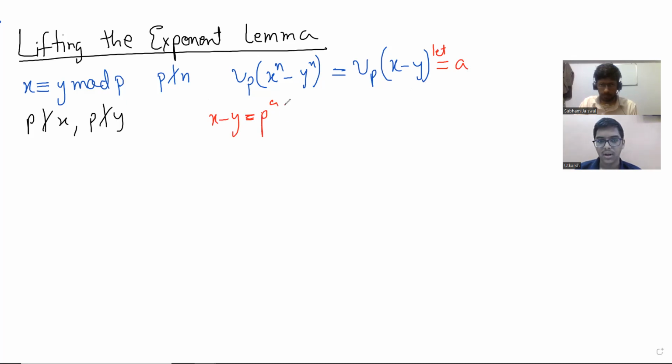Right, p raised to power a into b. And now we can write x raised to power n minus y raised to power n as x raised to power n minus 1 minus y raised to power n minus 1.